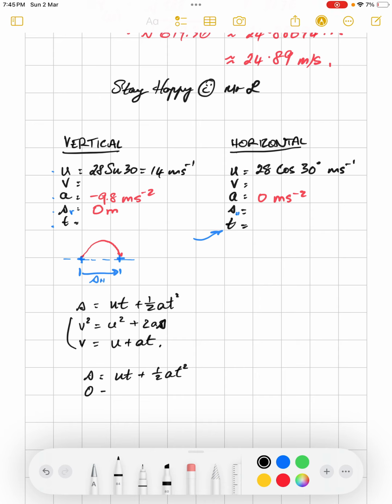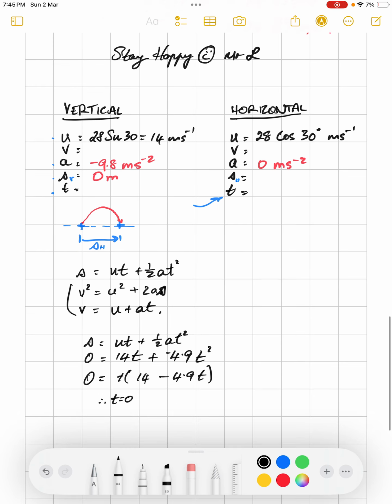So 0 equals our initial velocity, 14 T, plus half of A, which is negative 4.9 T squared. And so 0 equals, factorising T out, T times (14 minus 4.9 T). Therefore, time equals 0. That's true, it's at displacement 0 initially. And 14 minus 4.9 T equals 0.